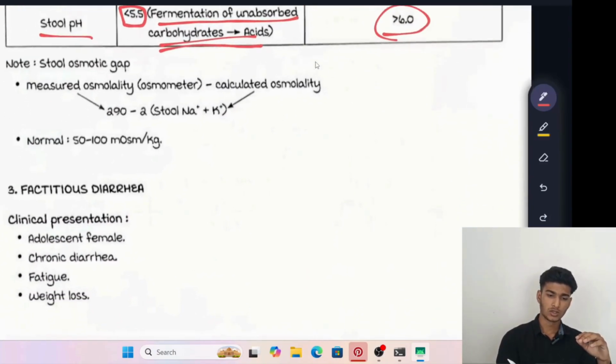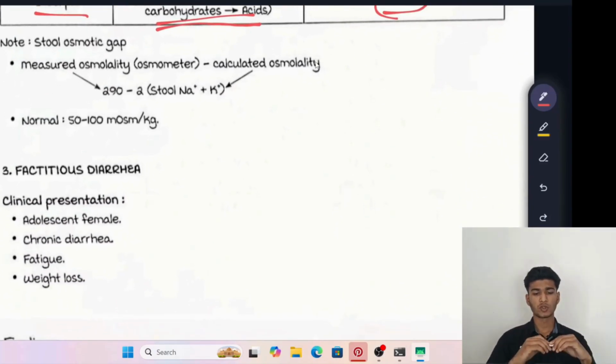Note, what is osmotic gap? How do we calculate osmotic gap? So osmotic gap can be measured with the help of an osmometer. We will be calculating the osmolarity of the substance with the help of the osmometer, and then we will calculate the osmolarity with the help of a formula, which is mass by volume, and then we will subtract the osmolality measured with the measuring device from the one calculated manually.